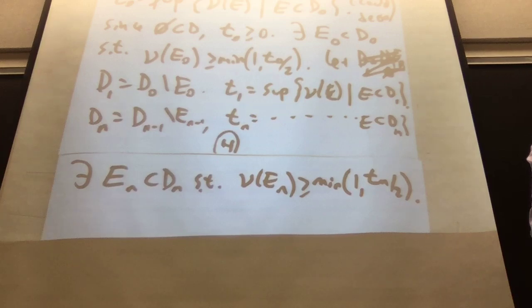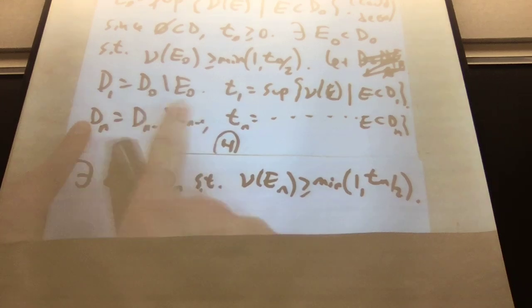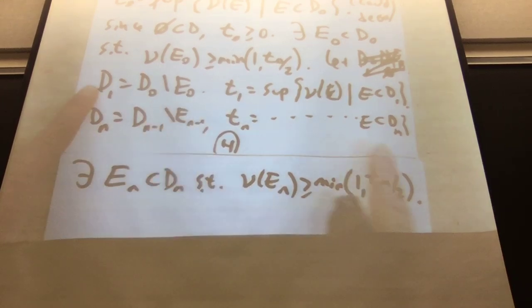Okay? So what are we doing? We're taking D0, we're taking away E0. So we have a subset where we've taken away a set of good measure. Then we take away E1. By the way, E0 and E1 are disjoint because we took away E0 to get to D1, and now we're looking at subsets of D1.